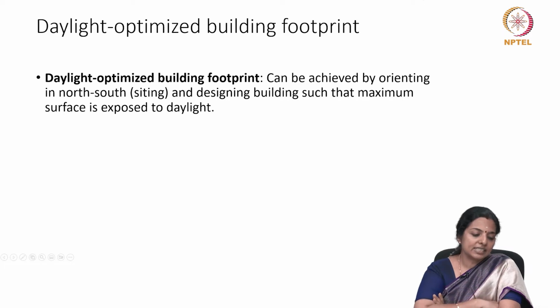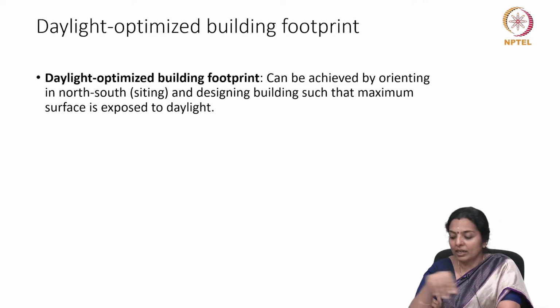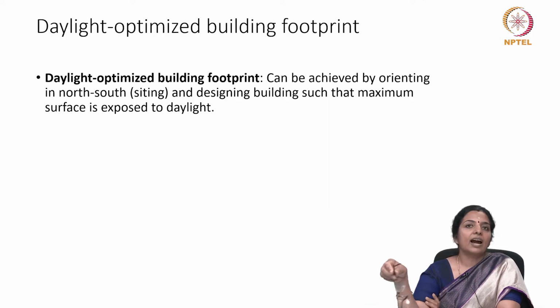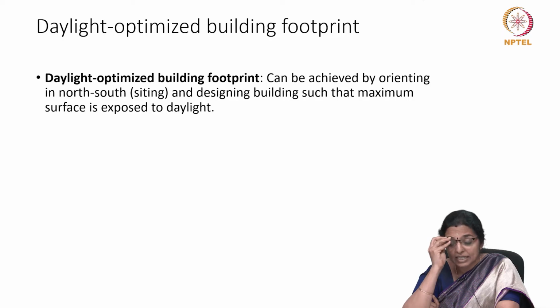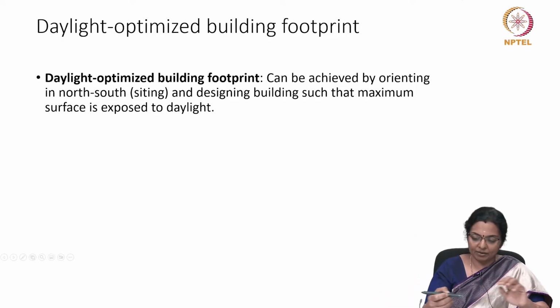The first is daylight optimized building footprint. Daylight optimized building footprint can be achieved by orienting the building appropriately on the site and designing the building such that maximum surface is exposed to daylight.